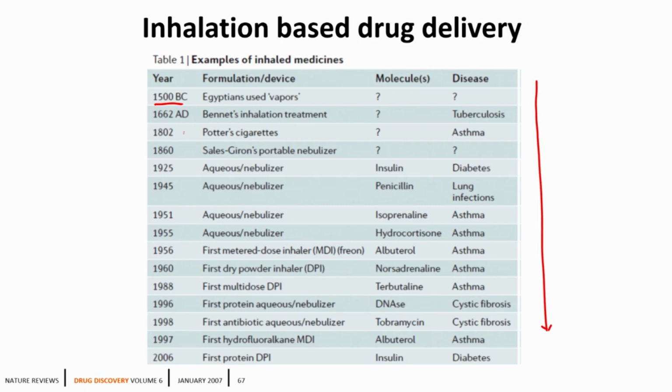As you can see, not much development, but towards the last you can start to see quite a lot of products starting to come out in the market, and we'll discuss some of these nebulizers and MDI and DPI as we go along in this class, but this is just to point out that it is actually being used quite a lot in humans.